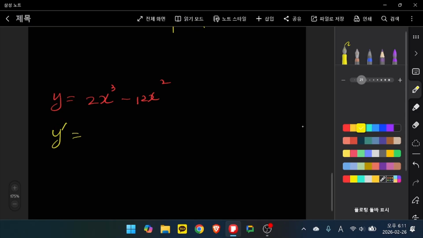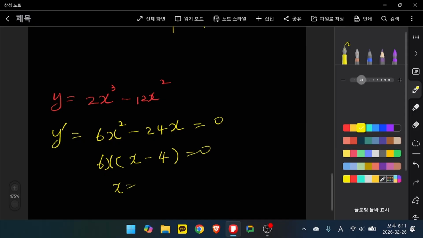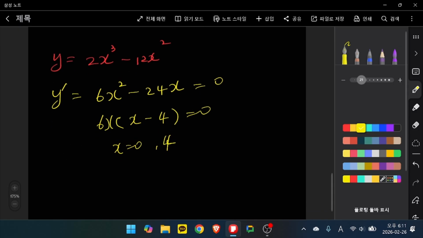The first derivative is... so x equals 0 and 4. These are critical points.